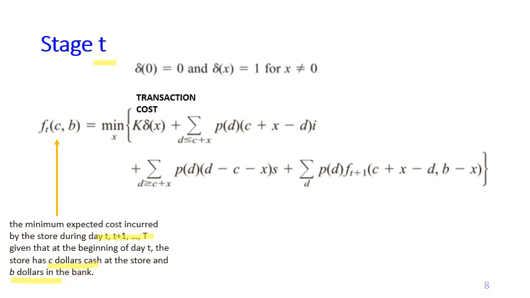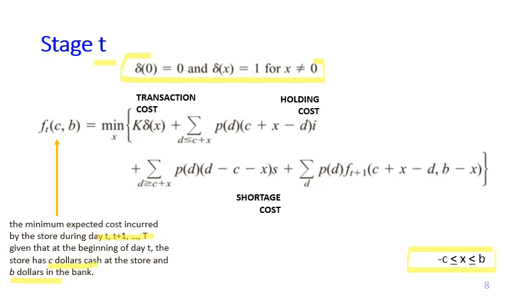We have transaction cost, and delta x is this function here. We have a holding cost, we have a shortage cost, and this is the aspect 1 to put the restrictions on x. So up to here, everything is the same with the stage 30. In the next slide, we're going to talk about the aspect 3 here.